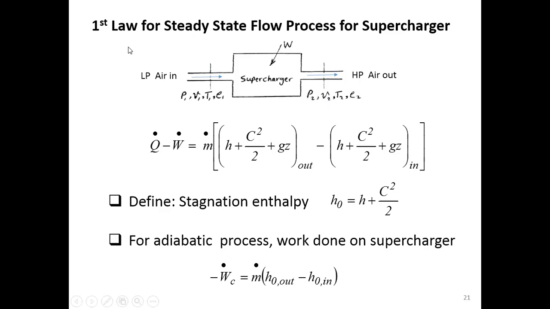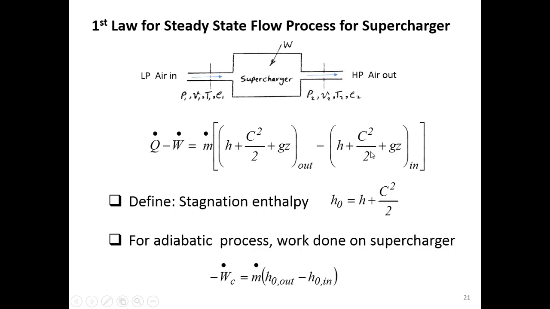So by applying the first law for the steady state flow here, what we have is the rate of heat minus the rate of work is equal to the mass flow rate, which is constant, mass in equal to mass out, times the enthalpy plus the kinetic energy plus the potential energy at the outlet conditions, minus the enthalpy, the kinetic energy, and the potential energy at the inlet conditions.